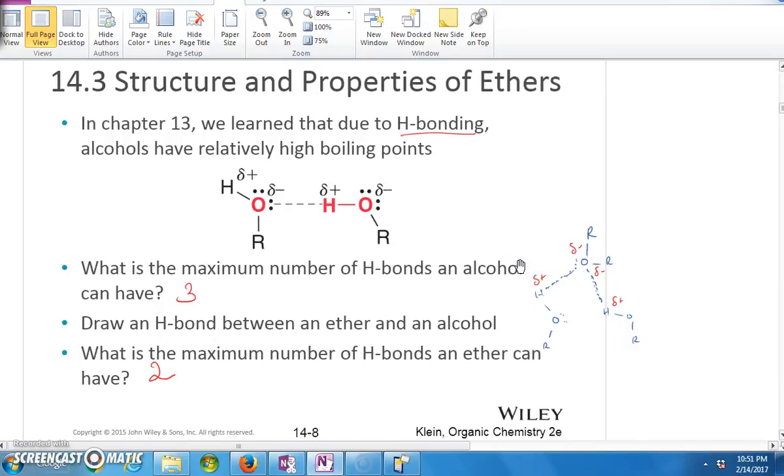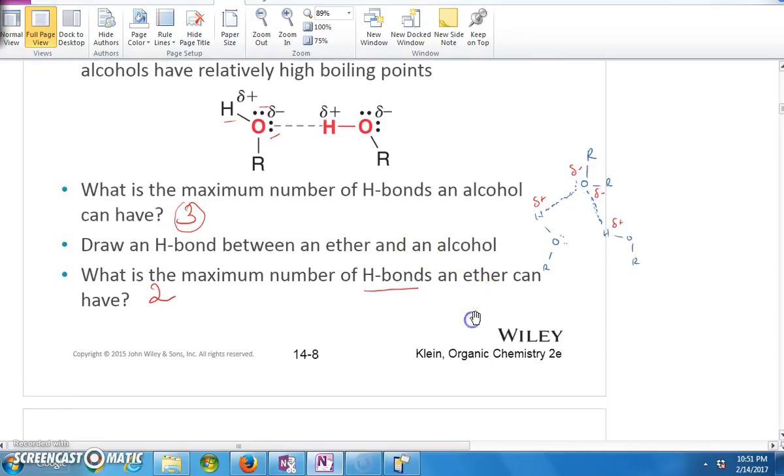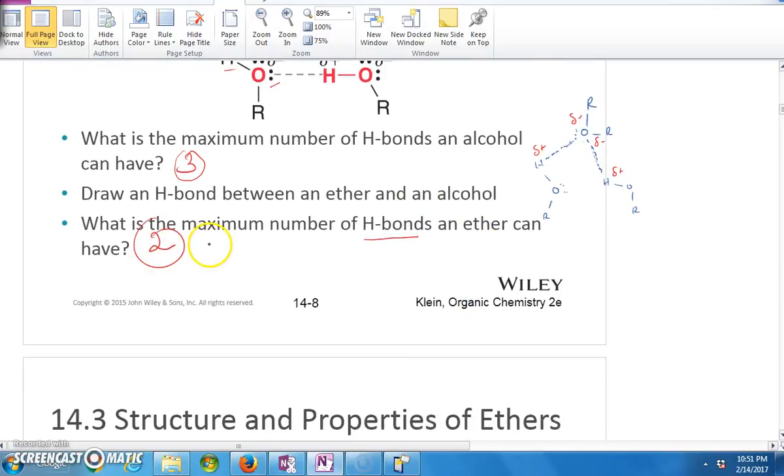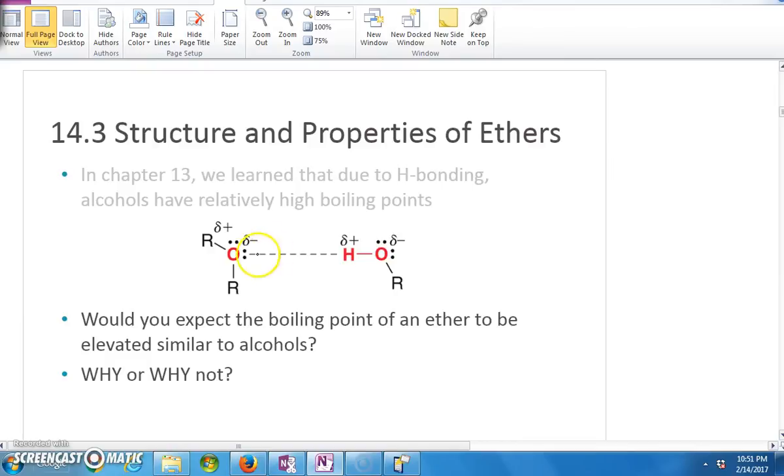Now we know that an alcohol can, of course, have a maximum of 3 hydrogen bonds, because we have 1 here, 2, 3, right? On the other hand, when you look at an ether, it can only bind to 2 hydrogen bonds, because it has only 2 lone pairs of electrons, as you can see.